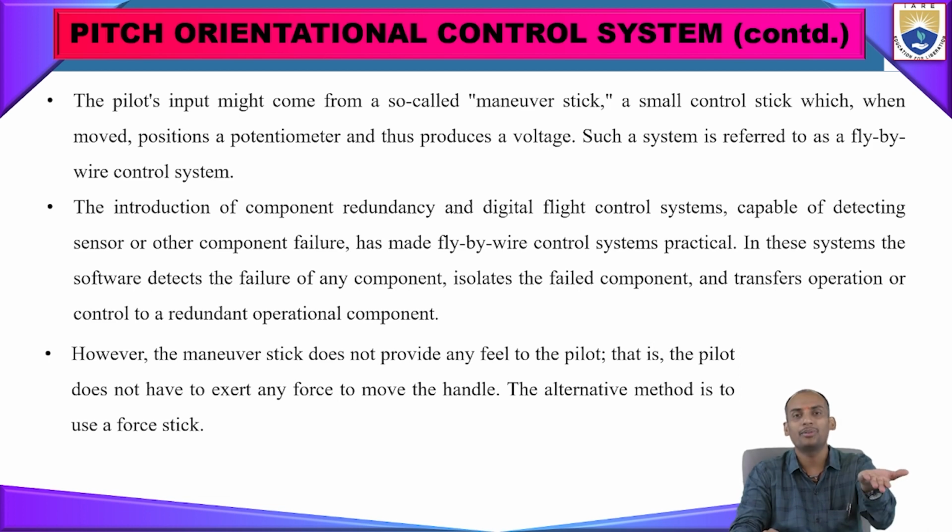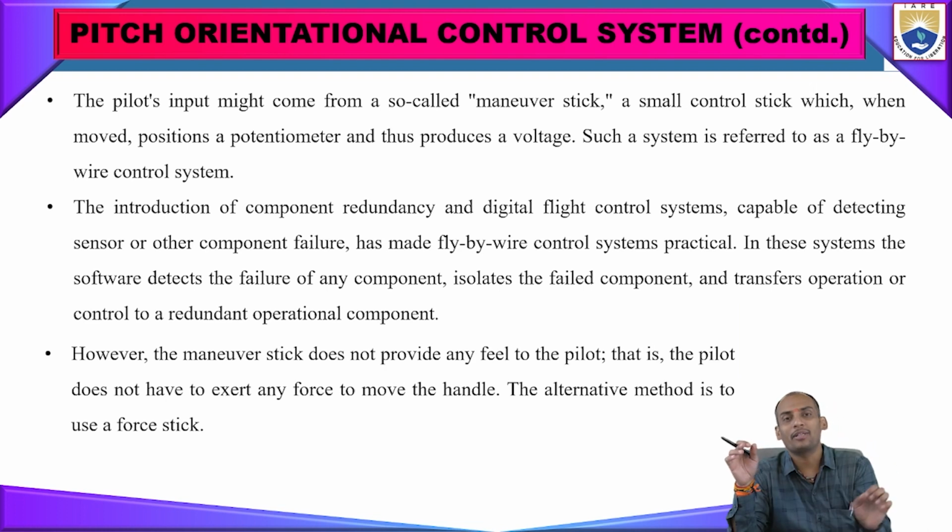If you are driving a car and want to turn it, today cars come with power steering, so with a single hand only you can operate it. But previously there was a worm gear mechanism, which moves very tightly.